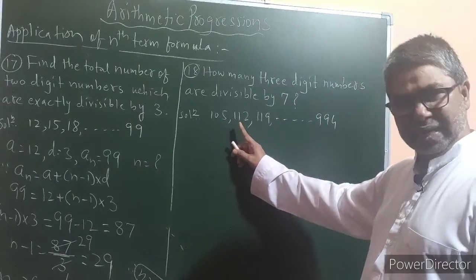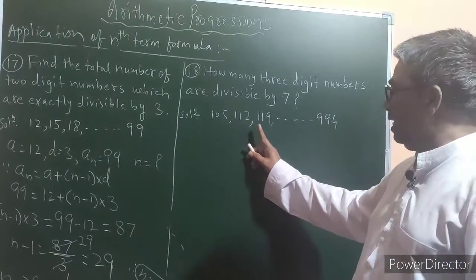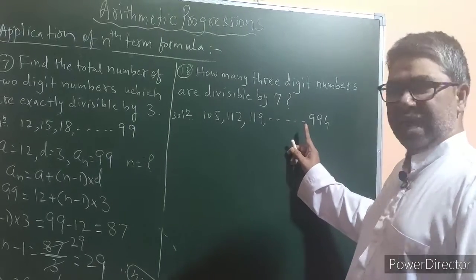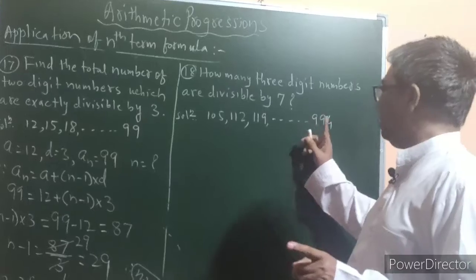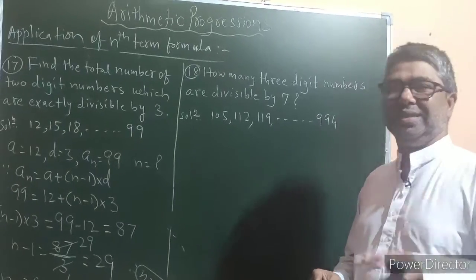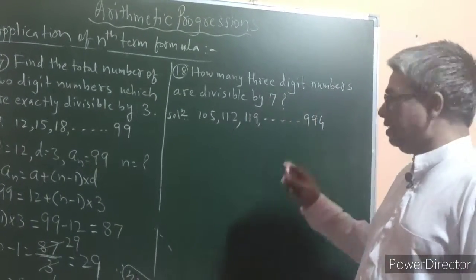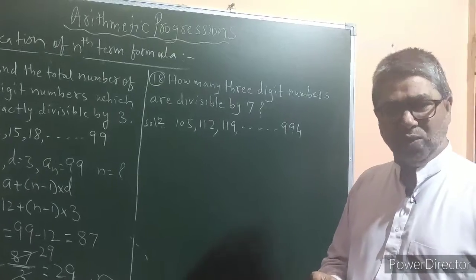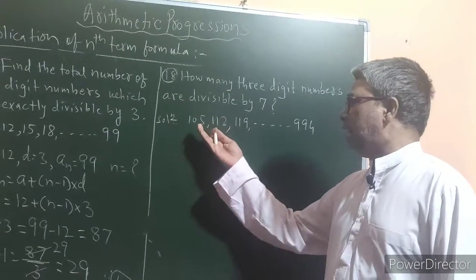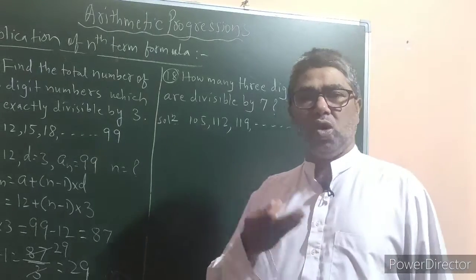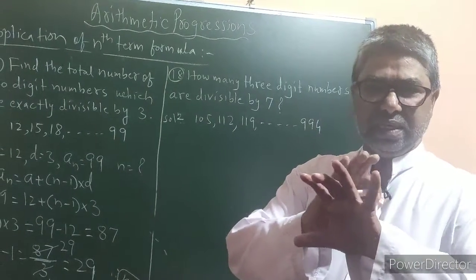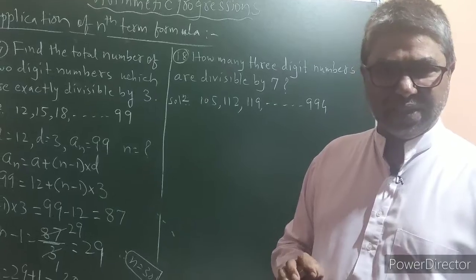The next one is 112, next to it is 119, and so on. And the largest three-digit number which is exactly divisible by 7 is 994. So 105, 112, 119, and so on up to 994 is our arithmetic progression.